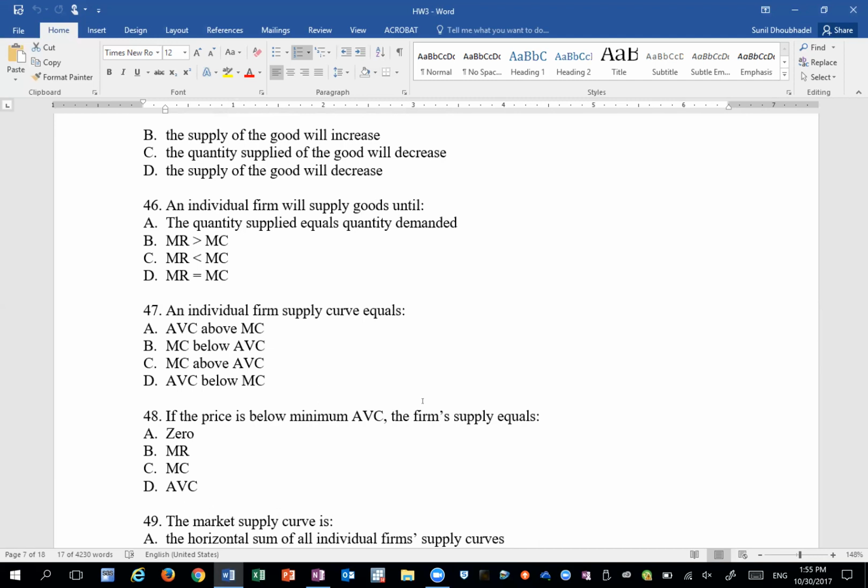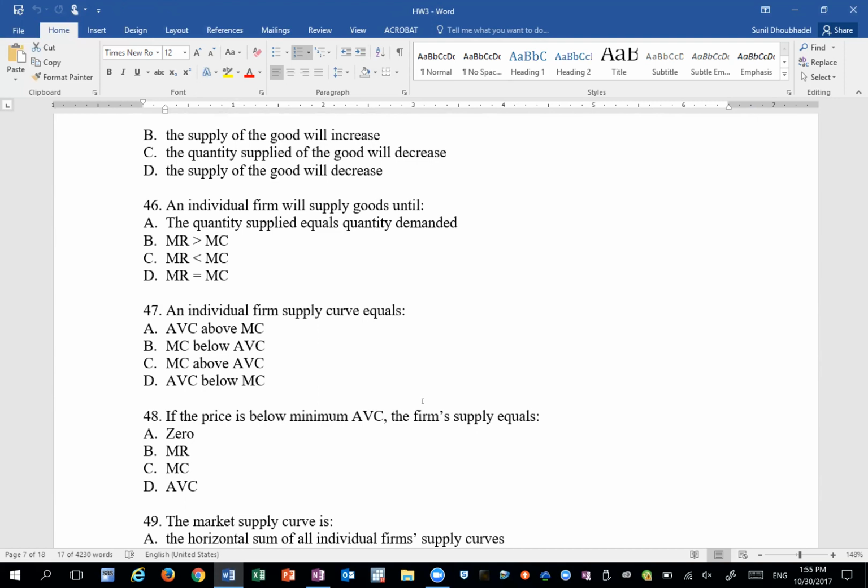47, okay? An individual firm's supply curve equals average variable cost, marginal cost above average variable cost, below average variable cost, below marginal cost.